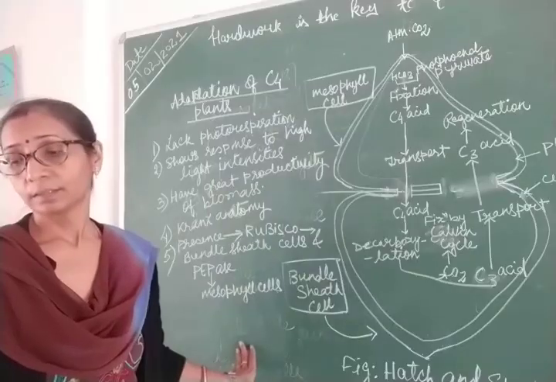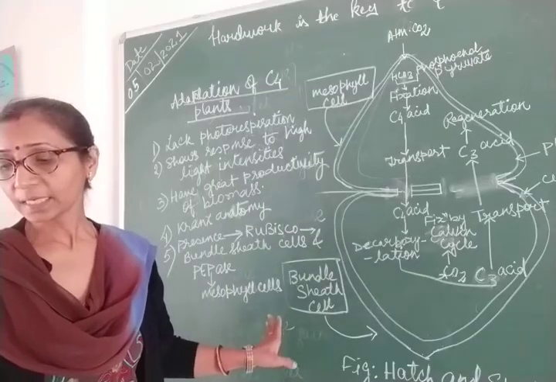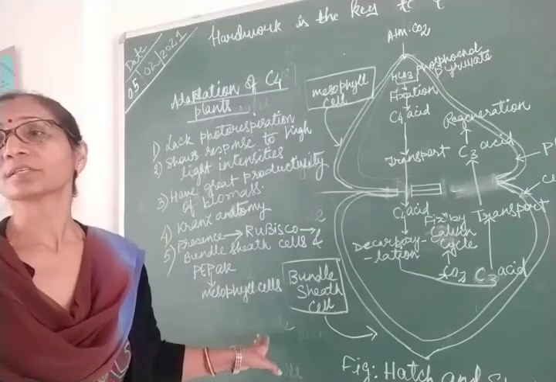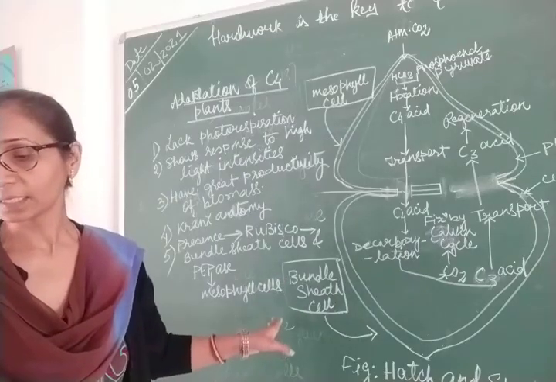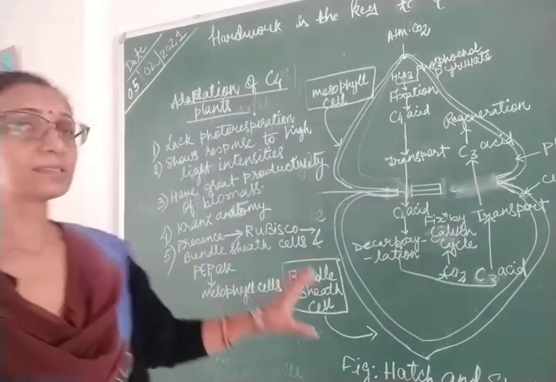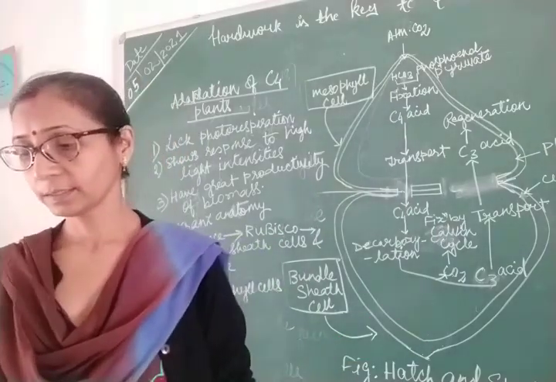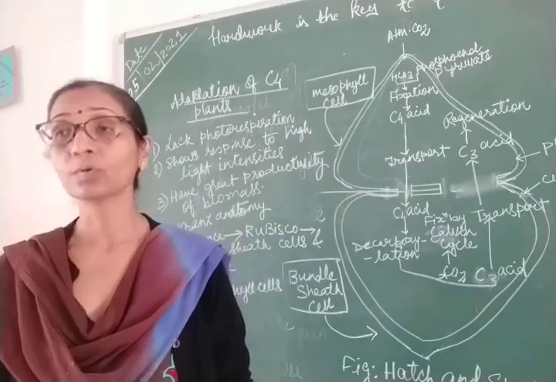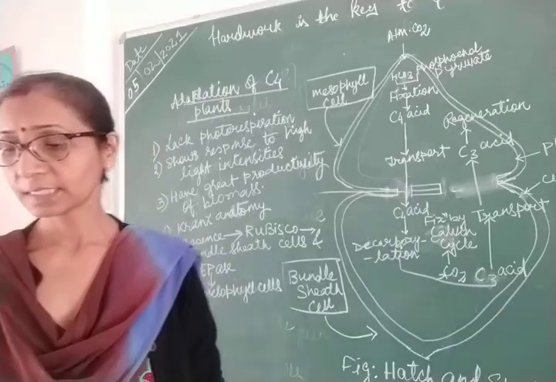Their working is increased when the carbon dioxide concentration is high near the rubisco in the bundle sheath cells.